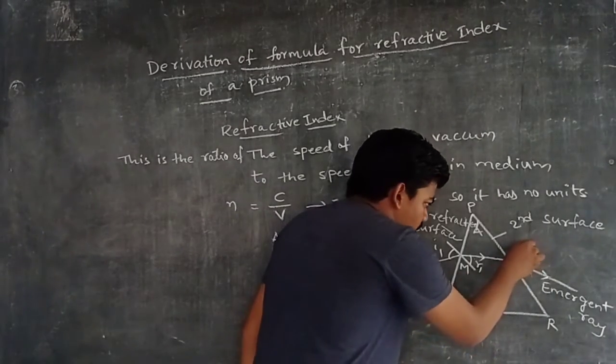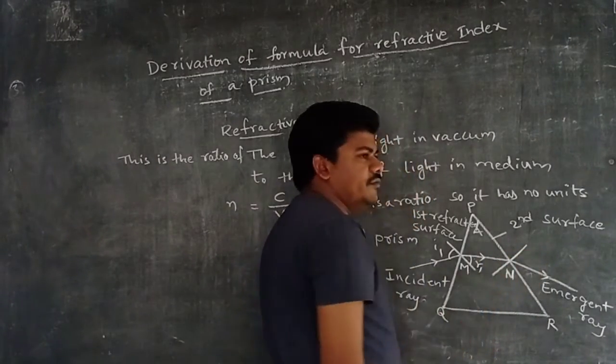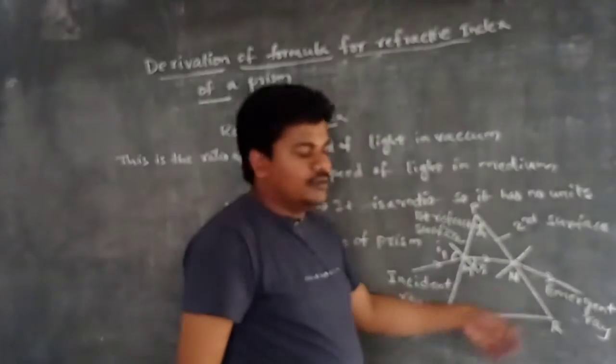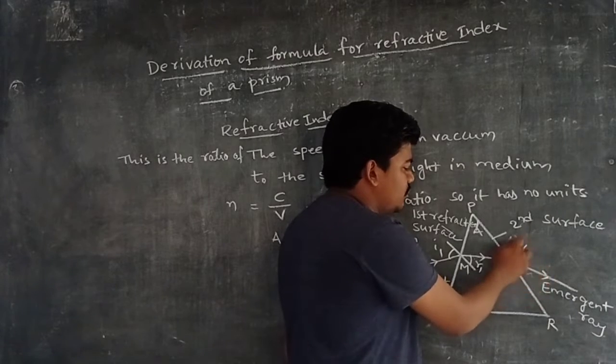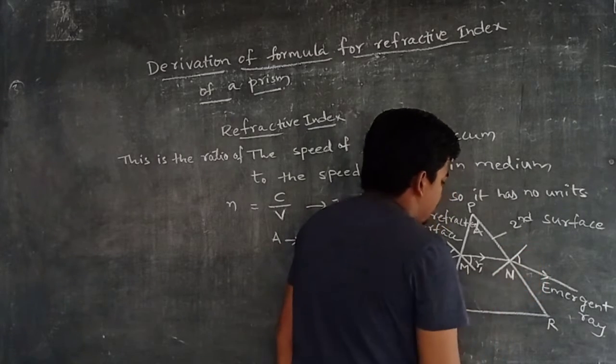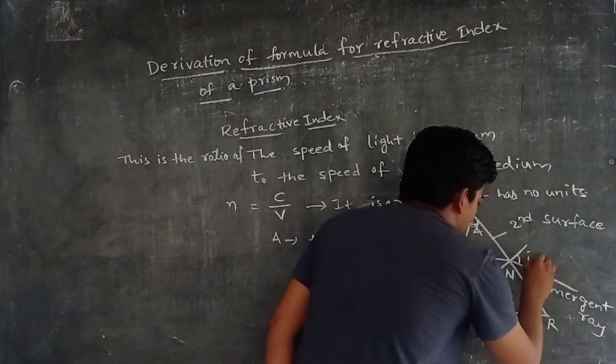I am drawing a normal line with respect to the second surface at point N. The emergent ray, which makes an angle with its normal, makes the angle of emergence, I2.